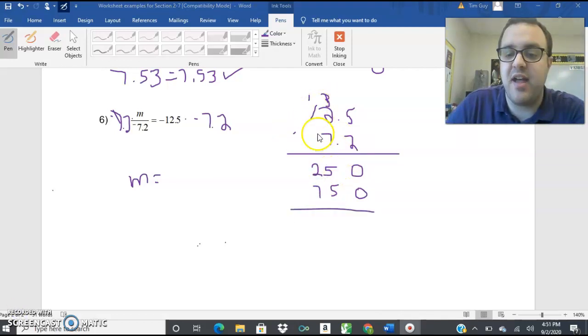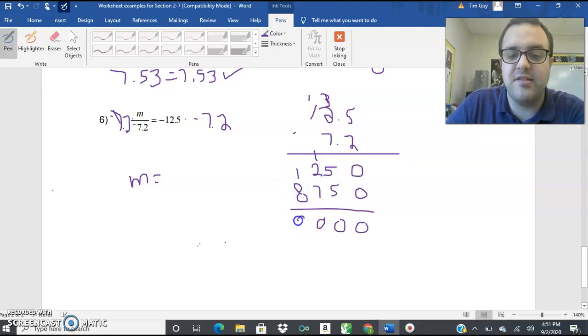And then 1 times 7 is 7, plus 1 is 8. All right, and now we'll go ahead and add these together. So 0 and 0 is 0. 5 and 5 is going to be 10. Here we're going to have 1, 2, and 7, which will be 10 again. And then 1 plus 8 is 9.